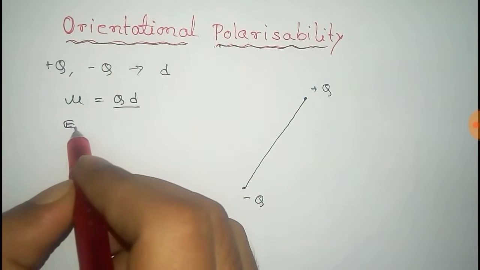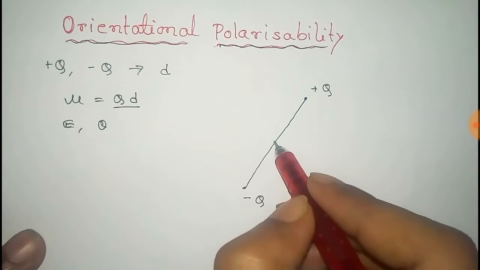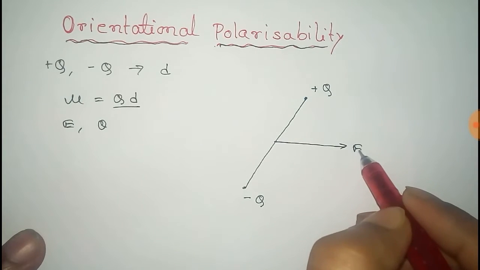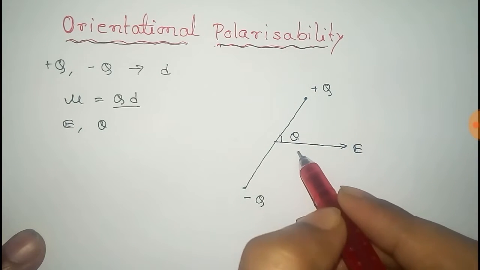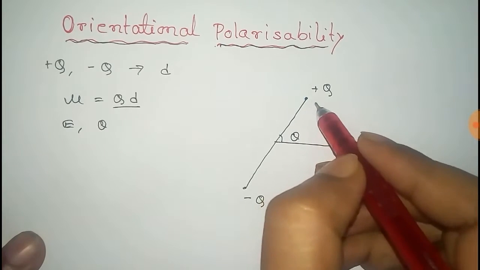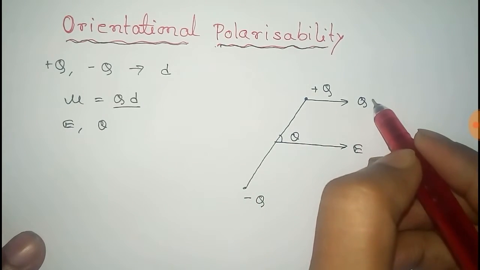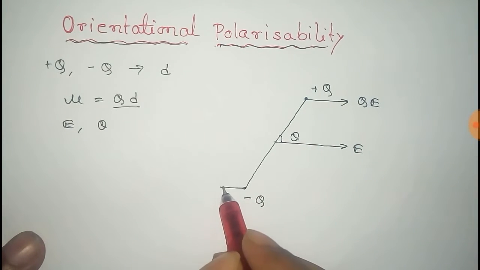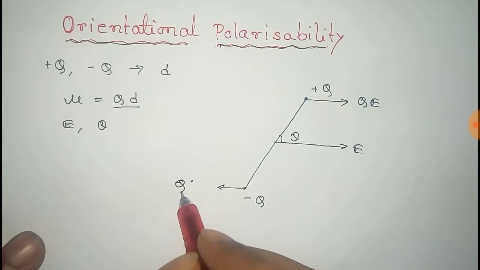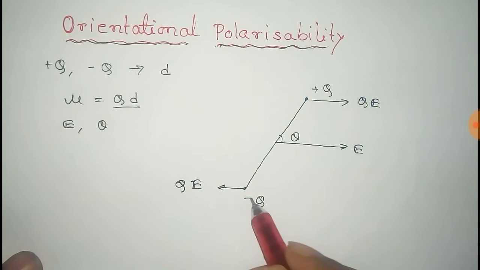Now if we apply an electric field at an angle theta with the dipole, that is E at an angle theta, then the force on the positive charge due to this electric field would be QE in this direction, and on the minus q charge, that is QE in this direction.